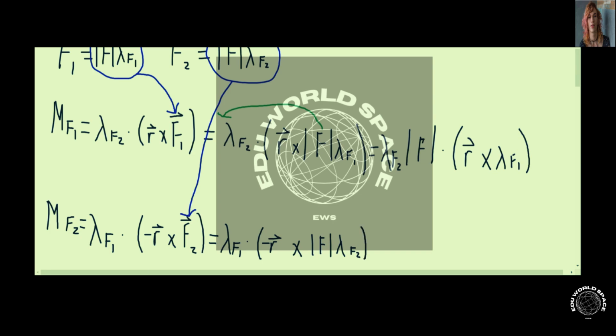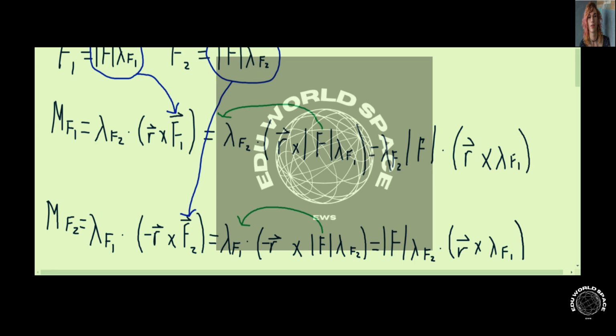And we can take this magnitude out of the expression and rewrite our scalar cross product. After rewriting it, we end up with magnitude of F times the unit vector of F2 dot r vector cross the unit vector of F1.